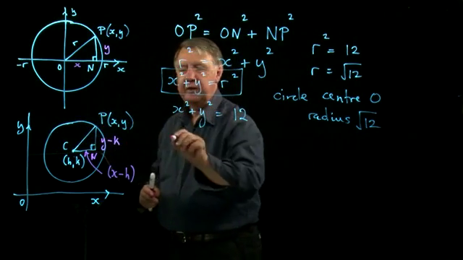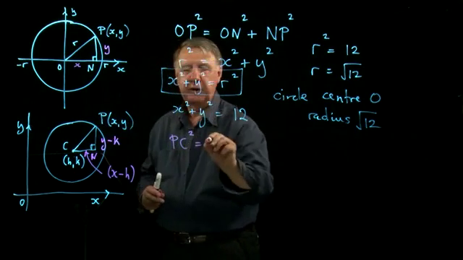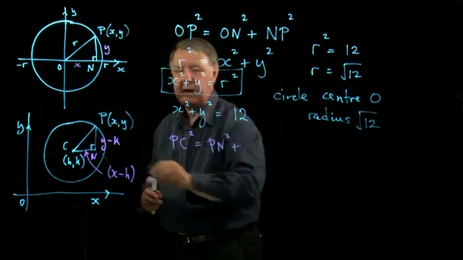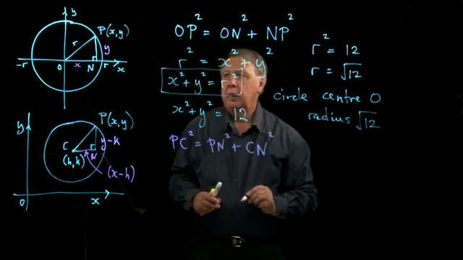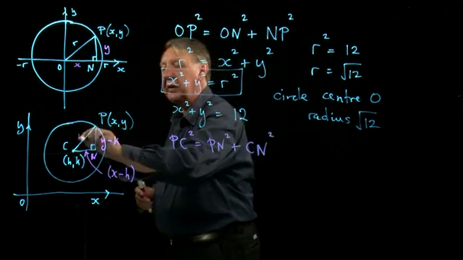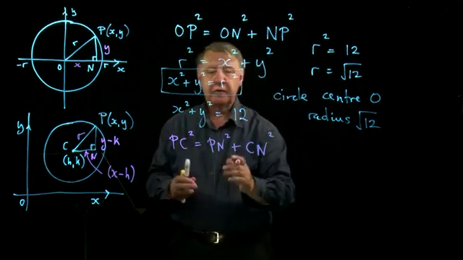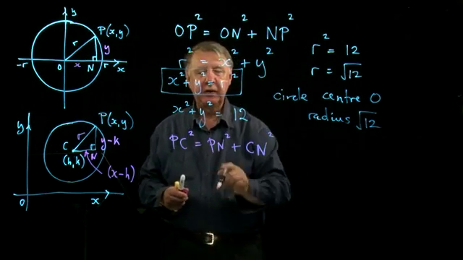So PC squared will equal PN squared plus CN squared. And there's no reason why I can't use r for the radius as well. So again, let's turn this round the other way in the same way as we did up here.